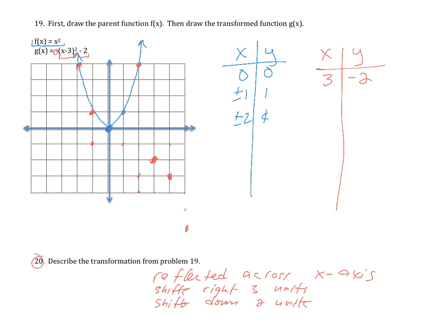Okay, this guy, reflected, 3 to the right, 2 down. So we get our graph that looks like that. So what points are these? We're getting 3, negative 2. We're getting 4, negative 3. We're getting 2, negative 3, 5, negative 6, and 1, negative 6. So we just answered 19 and 20. Good job.